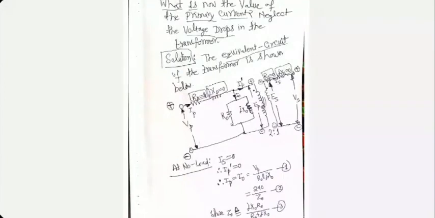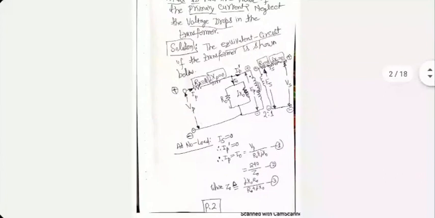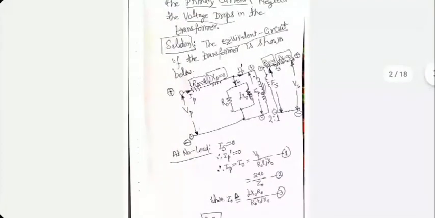And the formula for IP or I0 in this case is simple enough. VP divided by, because RP and XP are 0, VP divided by the impedance of the parallel circuit. And impedance of the parallel circuit is simple enough. I'm calling it Z0. It would be jX0 R0 divided by R0 plus jX0, right?